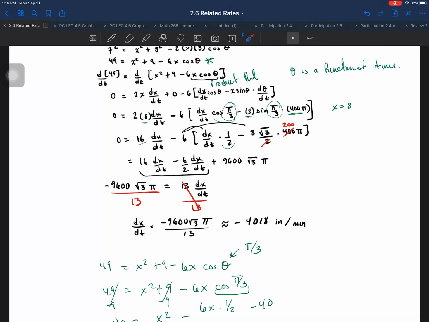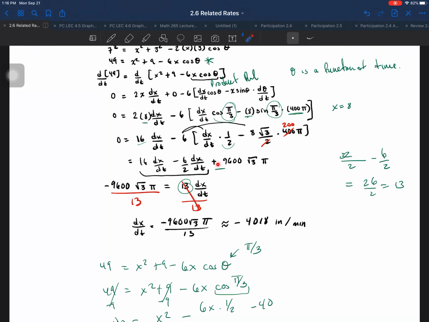So that's 32 over 2 minus 6 over 2, which will give us 26 over 2, which is 13, right? So that's how we got the 13 there.